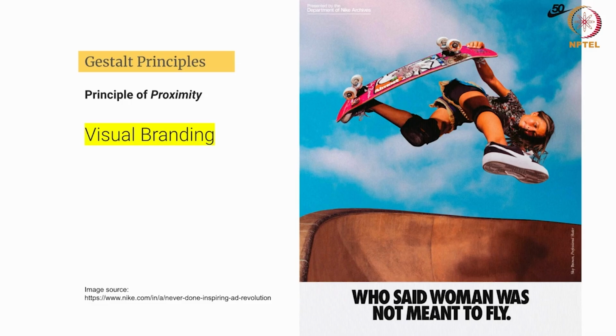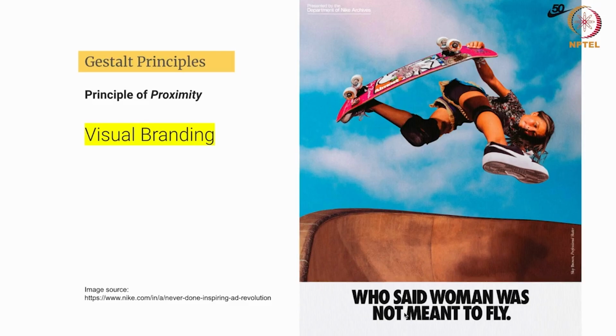So here you can see how the image gives us the more dominant representation, right, and then the text which is associated with it: who said woman was not meant to fly. And although this has a strong cut here, since it's associated in the overall composition, you will always connect this element to this text.